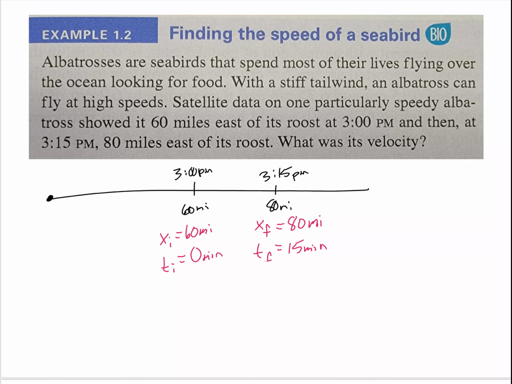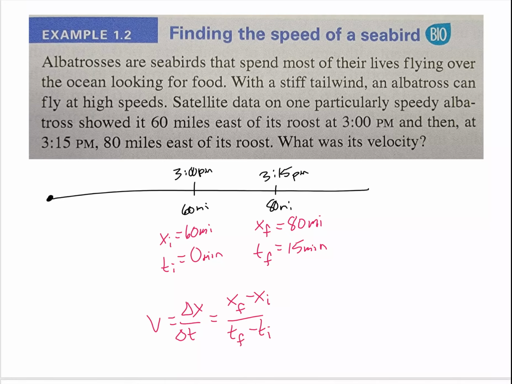Okay, so now we're going to use our formula. We want to calculate its velocity. So we're going to write v equals delta x over delta t, and that is x sub f minus x sub i over t sub f minus t sub i.